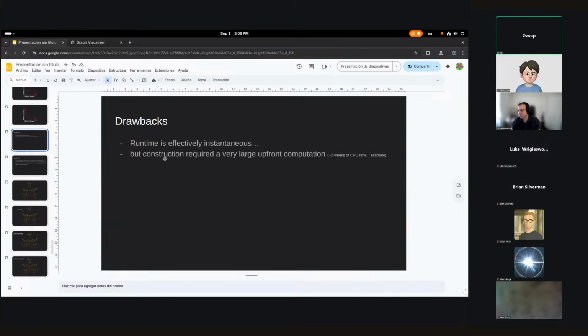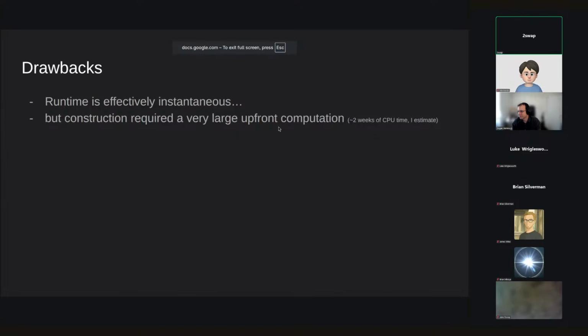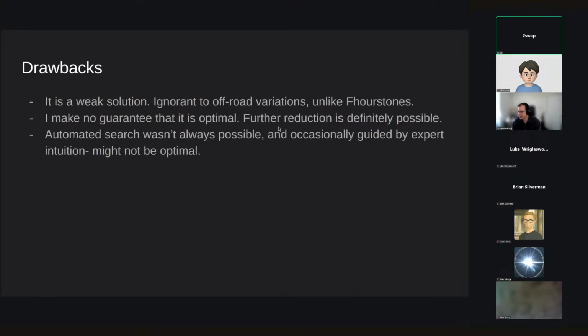I sort of mentioned this already: we have this rather instantaneous runtime, but the drawback is that tons of upfront compute was spent. In addition to that, it's a weak solution. I cannot make any comments on anything outside of this graph, and I also can't say that it's optimal.